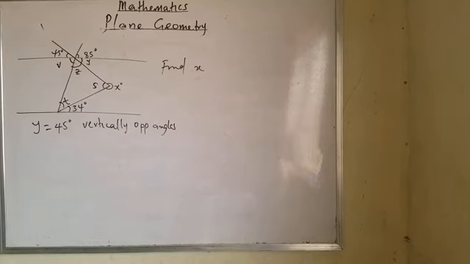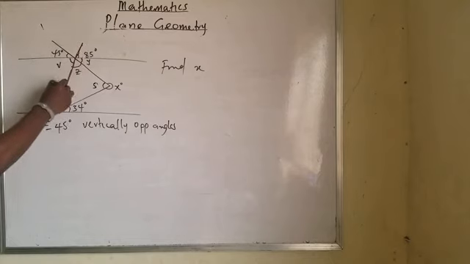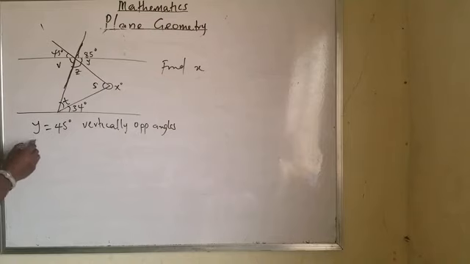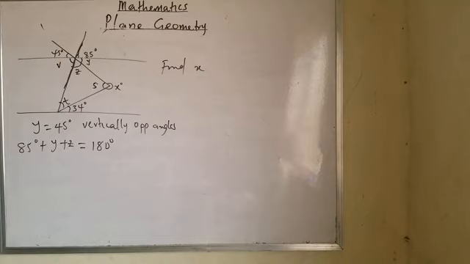okay, now since I have something like this, what can I do? I can say that everything that is here is a straight line. Don't mind my hand, it is a straight line. Now I can say that 85 degrees plus y plus z equals 180 degrees. Angle on a straight line. We all know that angle on a straight line. My y is given already.